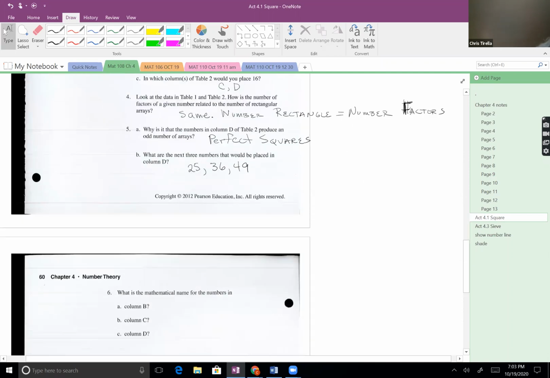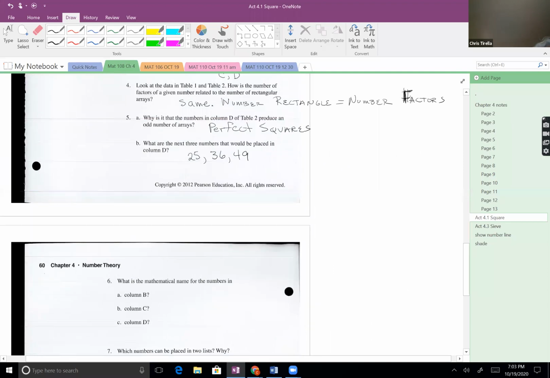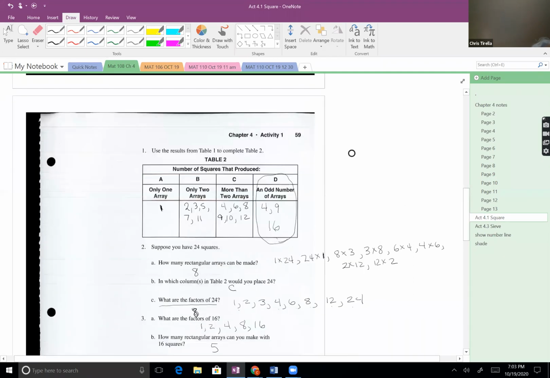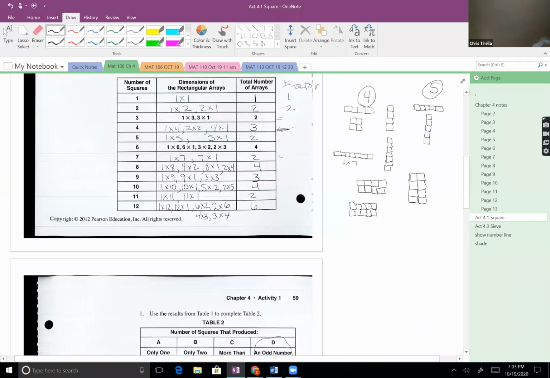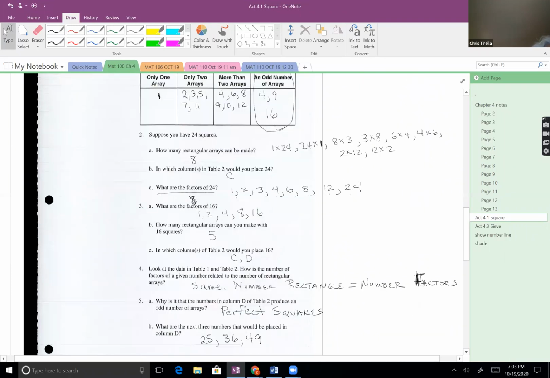And so what's the mathematical name for the numbers in column B, the ones that only have 2 arrays, only 2 factors, that can only be written as 1 times itself? Prime.